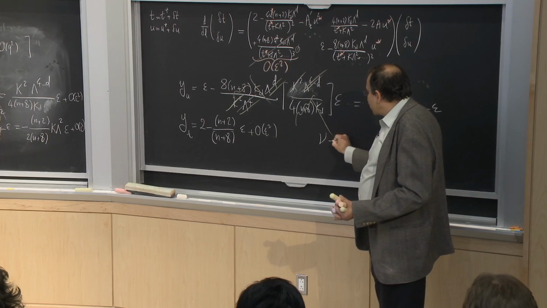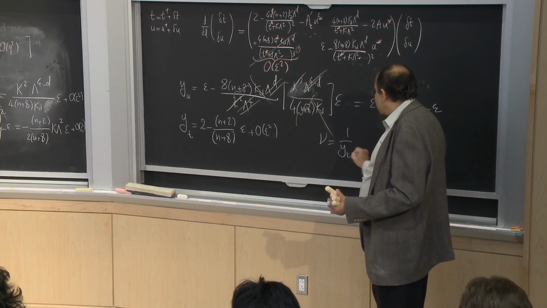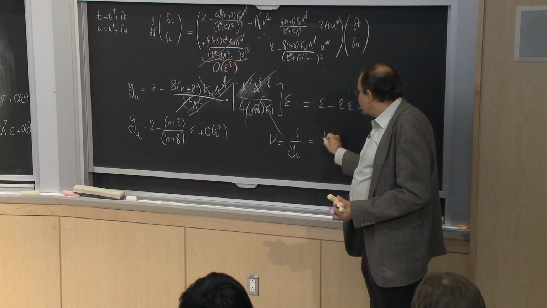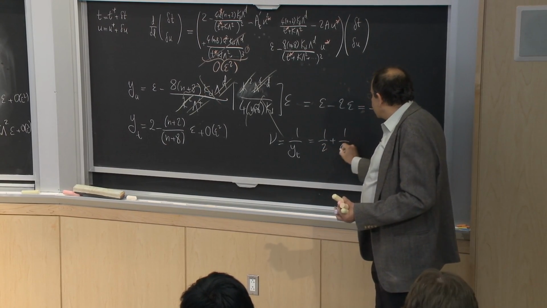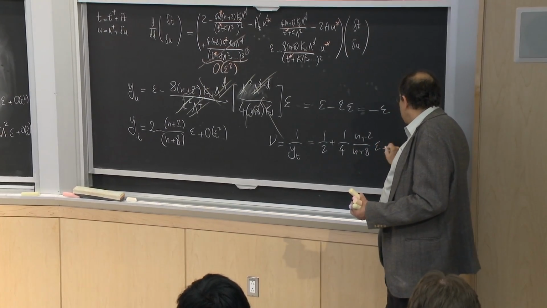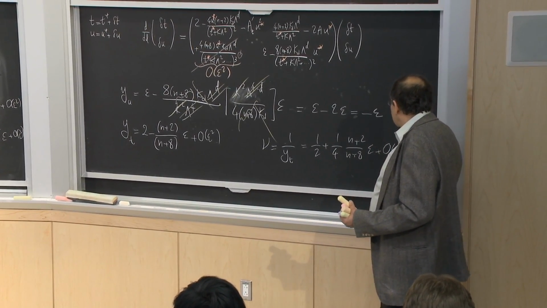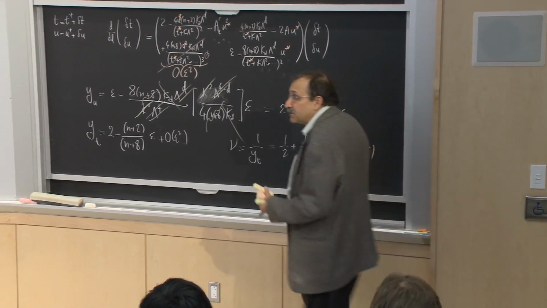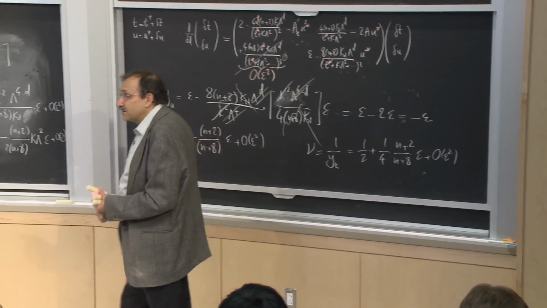Like the exponent for divergence of correlation length is the inverse of that. We can calculate how it is shifted from 1/2. It is something like (n plus 2) over (n plus 8) epsilon. And we see that the exponents now explicitly depend on the dimensionality of space because of this epsilon.